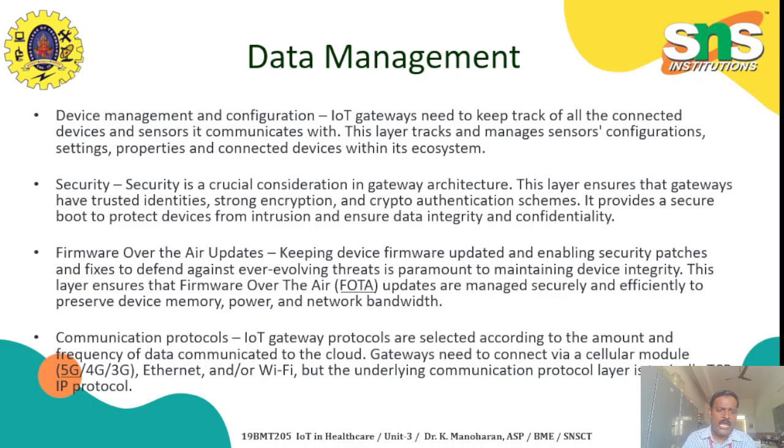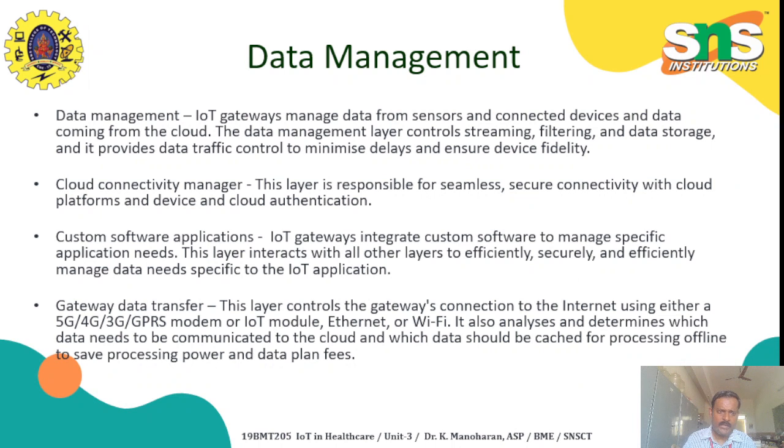Communication protocols. IoT gateway protocols are selected according to the amount and frequency of data communication to the cloud. So the gateway needs to connect via cellular mobile like 2G, 3G, 4G and 5G, or we can go with Ethernet, Wi-Fi or any other communication protocols using TCP and IP. Data management: IoT gateways manage the data from sensors or connected devices, storing that information in the cloud.